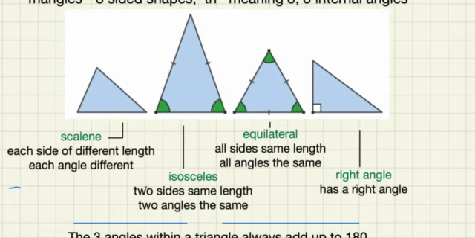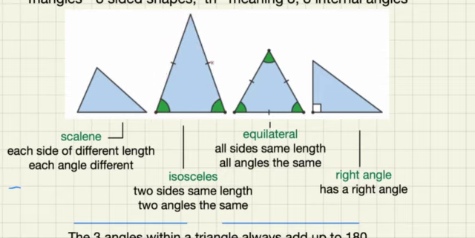The second type of triangle that we come across also has a strange name, isosceles. And the isosceles triangle has a number of characteristics in that two sides are of the same length. So this is an isosceles triangle, and you see that this length and that length are the same length.